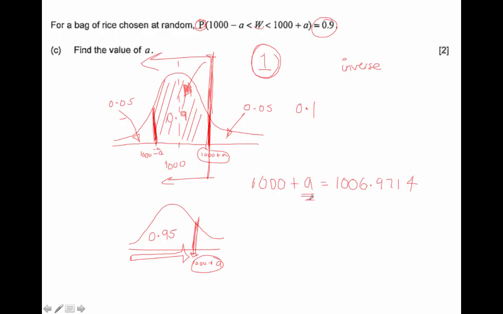And we want to find A. So if 1,000 plus A equals that, then A is equal to this number minus 1,000, which would just be 6.5794. And to three significant figures, 6.58. Okay, so the key part there, when you're dealing with a normal distribution, draw yourself a sketch. You would have got a mark for drawing this out, and just think, if I've got 0.9 there, then I must need 0.1 in the other areas, and because it's symmetrical, I halve the 0.1 at the top and half the 0.1 at the bottom.